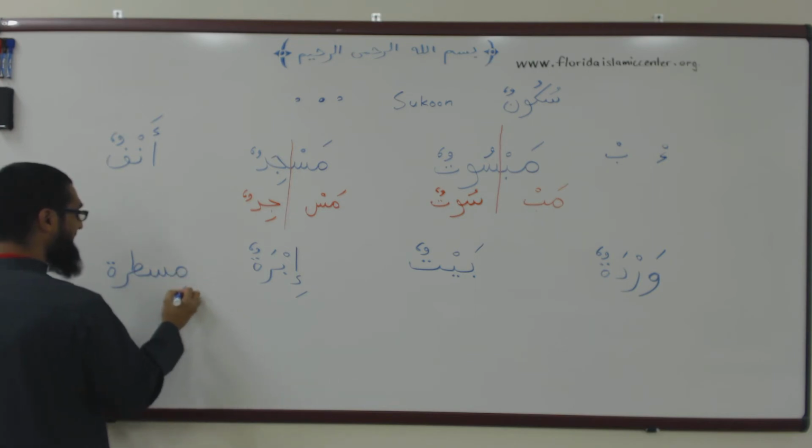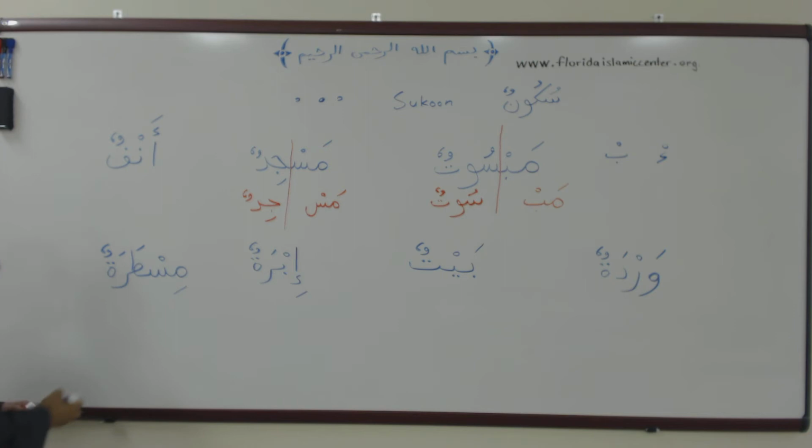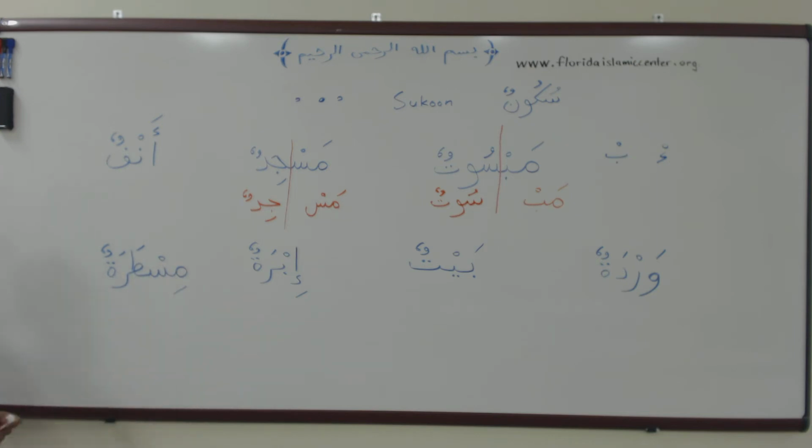Long words now, right? Okay. After the seen, this is a ta. Well, it can be mas. Meem has a kasra. Mis.